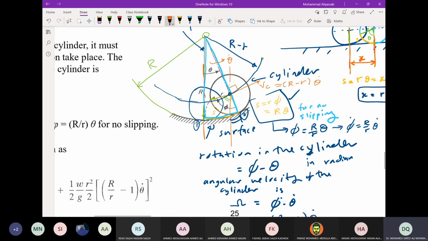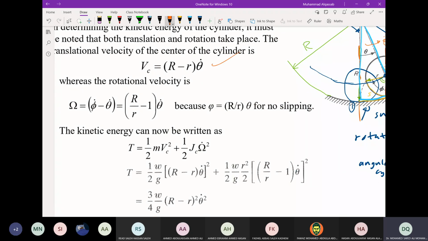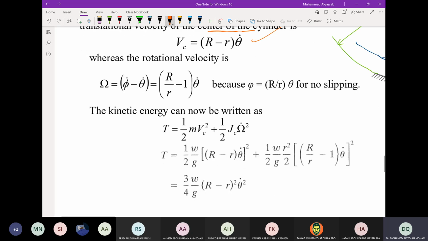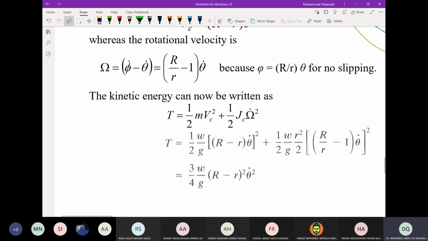And this will enable us to find the kinetic energy in rotation and translation. So VC is the velocity of the center of the cylinder, which is (R minus r) times theta dot, and omega is (R over r minus 1) theta dot. So everything is in terms of theta dot, and then we can apply the kinetic energy.